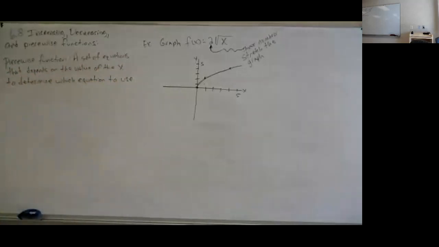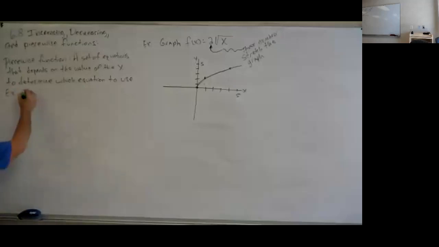And once I figure out which equation to use, then I put my x value into it, evaluate it, and get an answer, okay? So this first example is just going to get you used to picking out the equation you would use. Later on, we'll evaluate them at the end, okay?